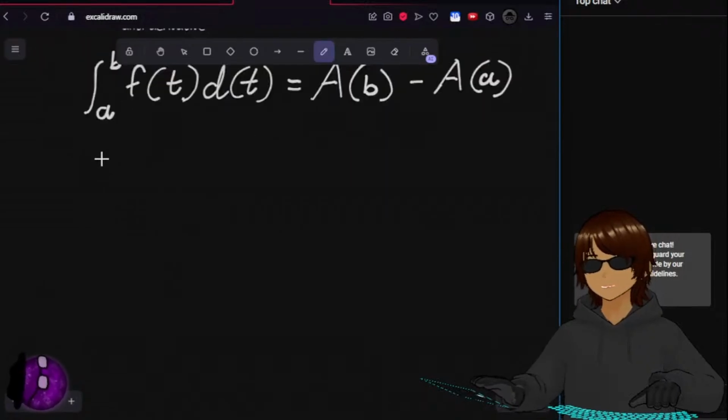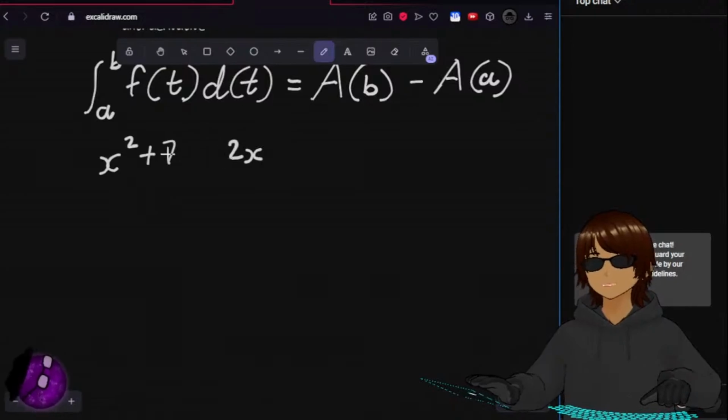So like, the derivative of x squared is 2x. The derivative of x squared plus 6 is also 2x. The derivative of x squared plus 7 is also 2x. Basically, the derivative of x squared plus any constant c will always be 2x.